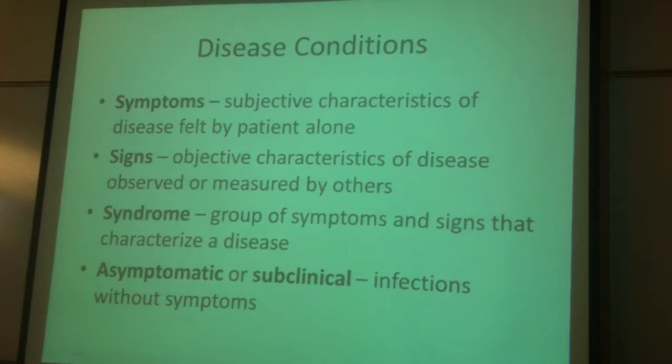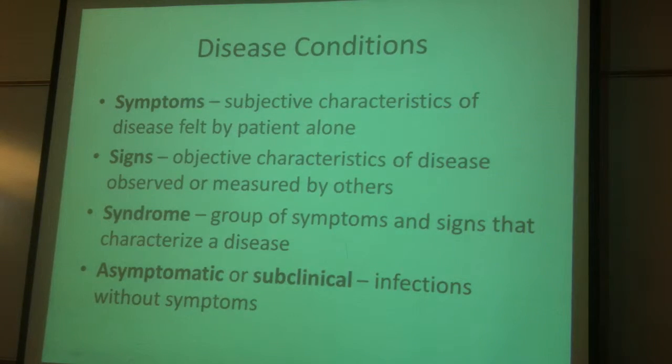Okay. Disease conditions. Symptoms. What's a symptom? Something we feel that you can't see. First person, you feel it. Versus signs, which is something you see, things that you can measure, someone else can measure. Okay? Symptoms, anything that you as the patient alone feel. Signs, whatever can be objectively characterized.